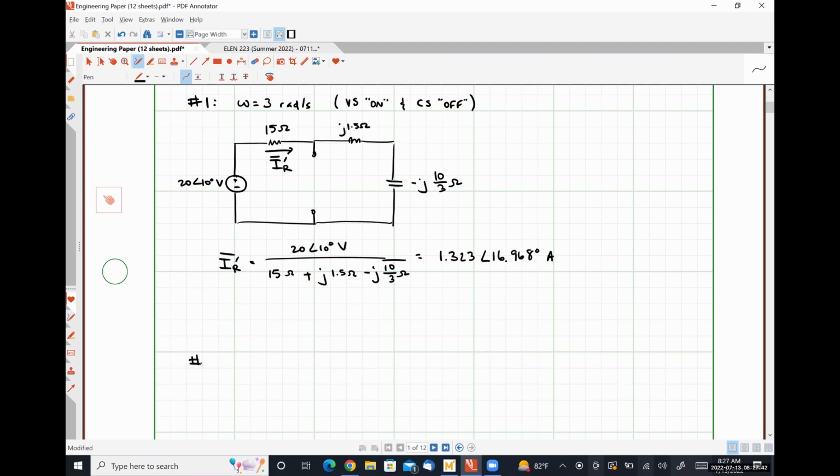So our second iteration of superposition is when omega is equal to 5 radians per second. Effectively, our voltage source will be off and our current source will be on.